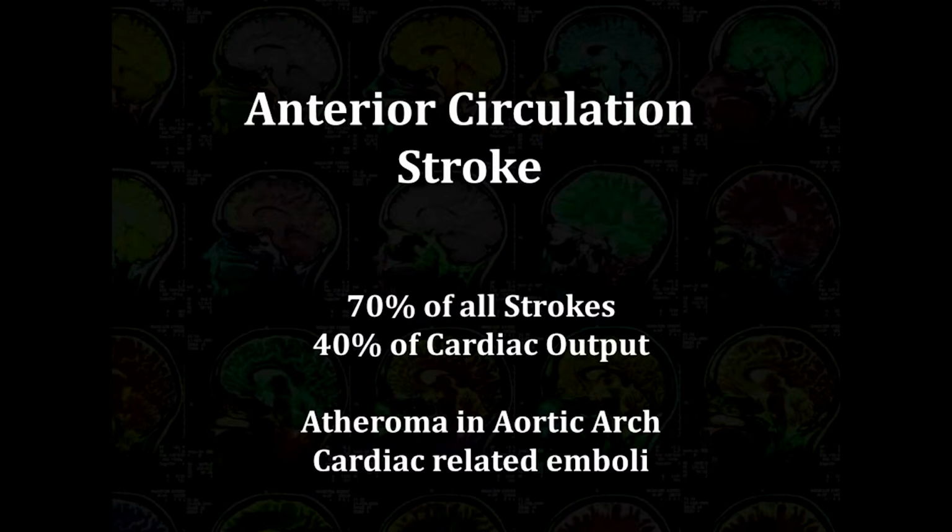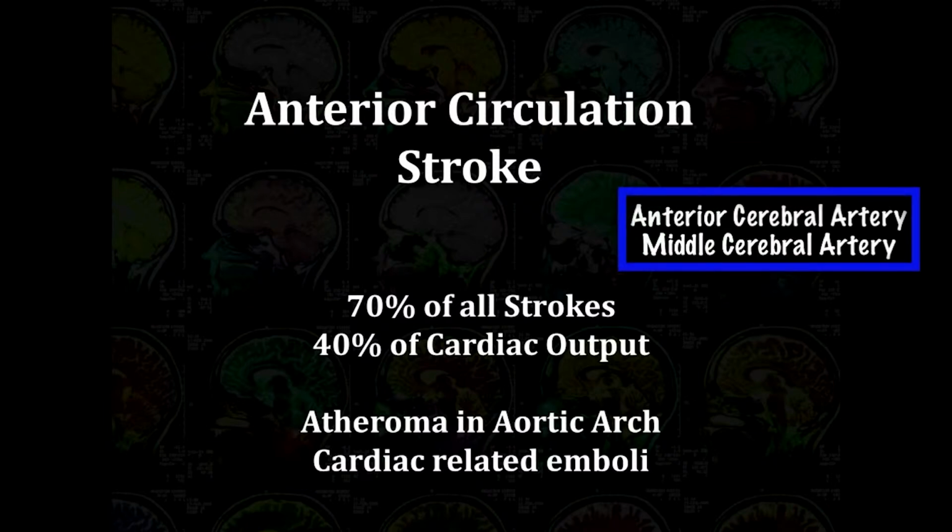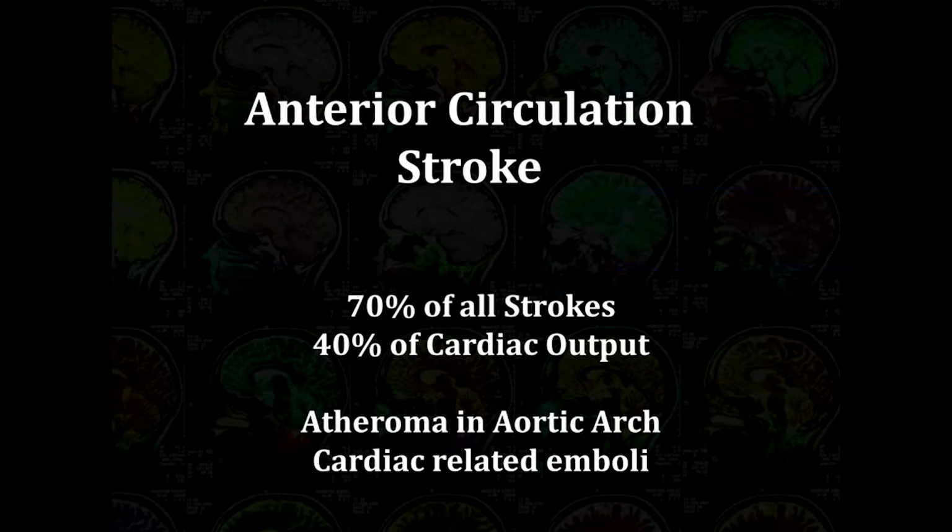So if we focus specifically on the anterior circulation and strokes based on that location, these are the most common. They are 70% of all strokes. And it's important to understand that the anterior cerebral artery and the middle cerebral artery really dominate our cardiac output needs inside our brain, with 40%.